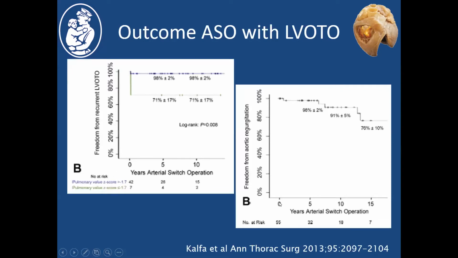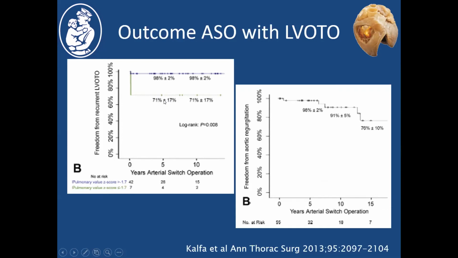This is a study from patients with fixed left ventricular outflow tract obstruction who underwent an arterial switch operation. And they were able to show that patients who had a pulmonary valve annulus Z-score that was greater than minus 1.7 had almost no reintervention, no residual left ventricular outflow tract obstruction, whereas patients who had a smaller valve annulus, less than a Z-score of minus 1.7, had about a 70% freedom from reintervention.